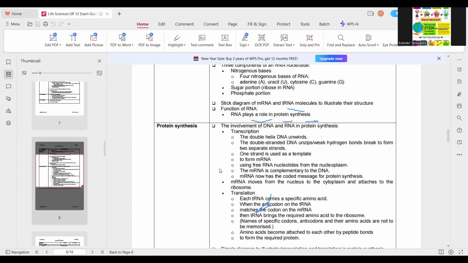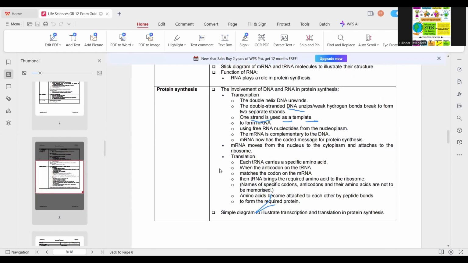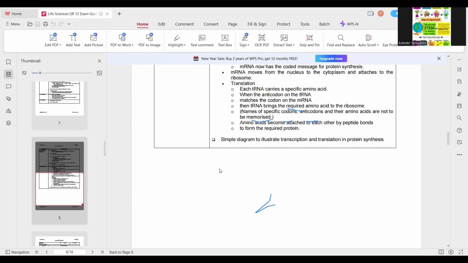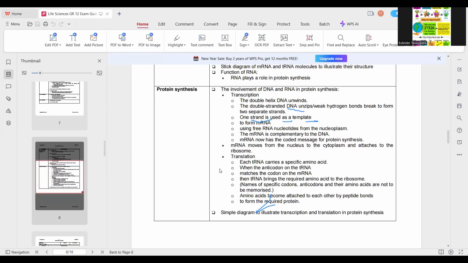So you should talk about the involvement of DNA and RNA in protein synthesis, transcription. You should explain the process of transcription, and also you should be able to differentiate between transcription and DNA replication.